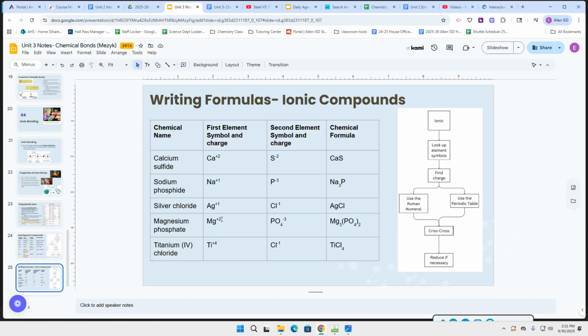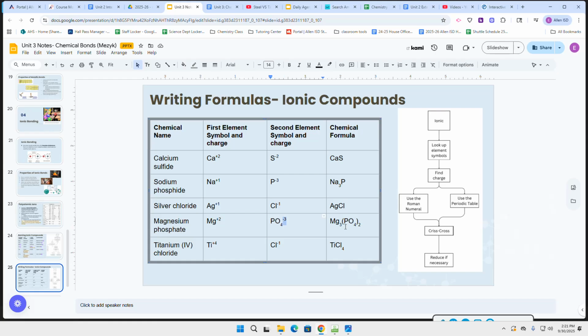I take the 2 and swap it, putting it outside of the phosphate. Then I take this -3 and drop it right below my magnesium. So looking at my formula, I have Mg3. The 3 came from right there. Parentheses, PO4, close my parentheses, and then I have that 2 that came from my magnesium.